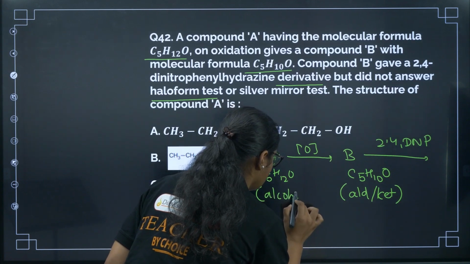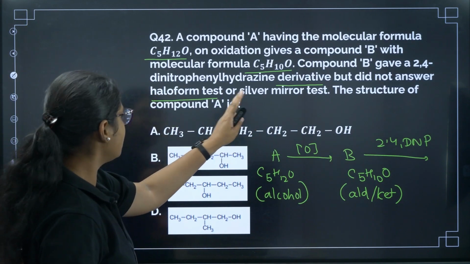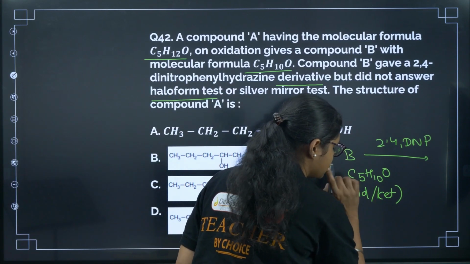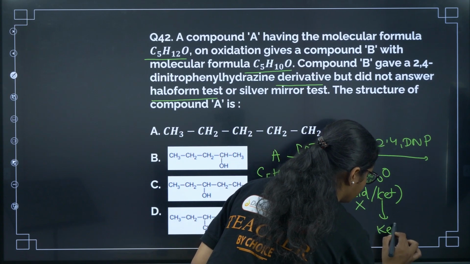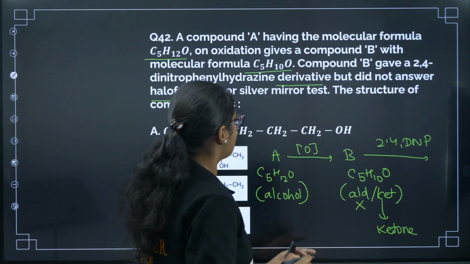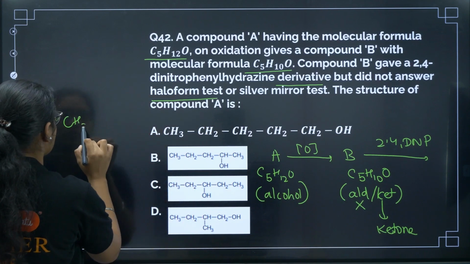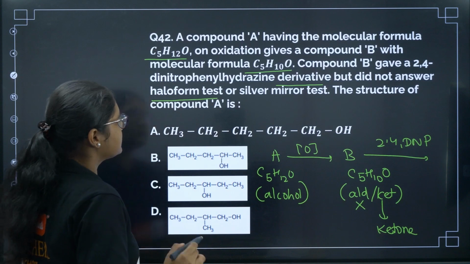But it did not answer the haloform test or silver mirror test. If it doesn't answer the silver mirror test, it is not an aldehyde, it is only a ketone. And it does not give the haloform test, meaning the CH3CO group is absent in that ketone.